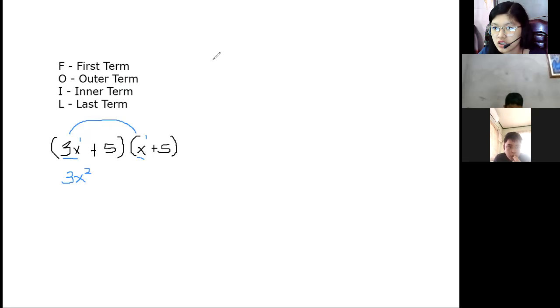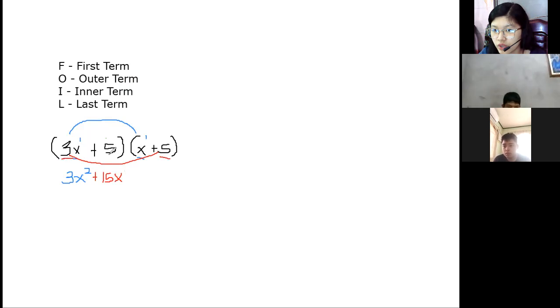And next is outer term. Yung dalawang nandoon sa labas. Ito. So, we have 3x and 5. So, since pareho silang may constant, 3 times 5, that is positive 15. And since ito lang yung variable, wala na dun sa kabilang polynomial, we have x lang siya. And next one, we have inner term, yung dalawang nasa loob.